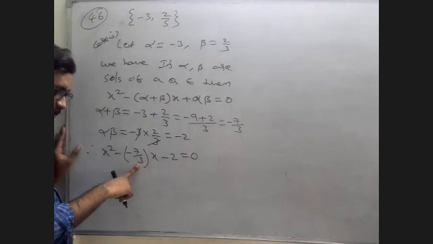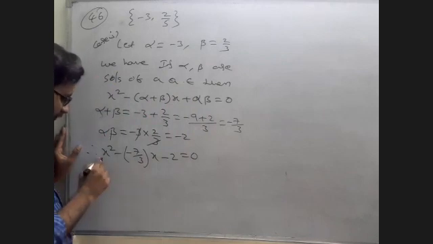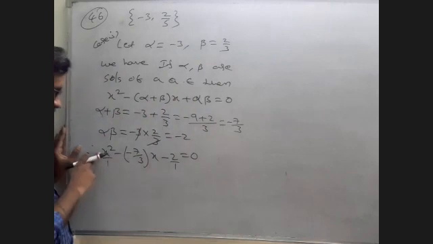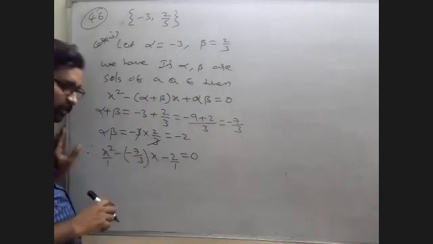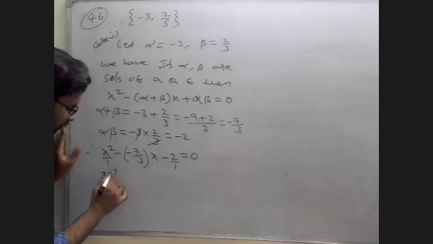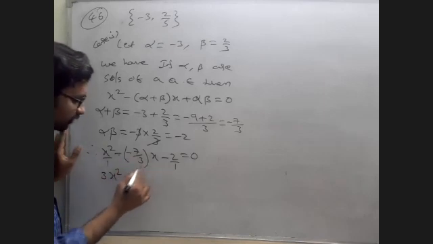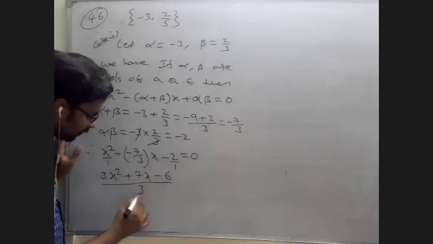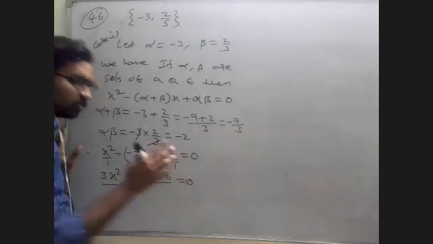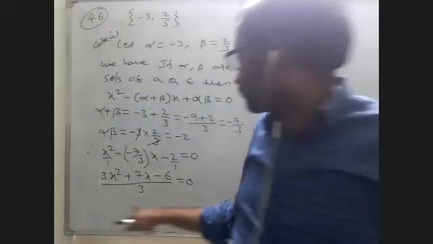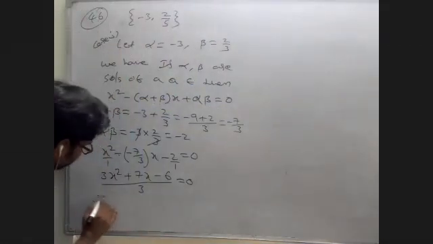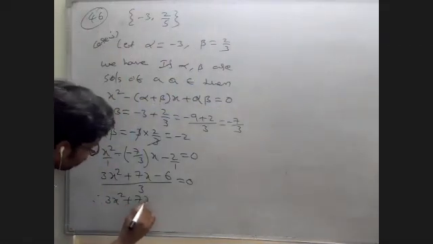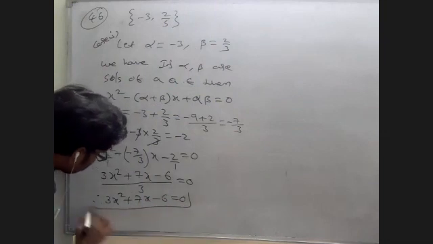Now 3 is the denominator, so we can take the LCM: 3 into x square, 3x square, minus into minus plus 7x, minus 2 times 3 is 6, by 3 equals 0. Since 3 is the denominator, taking it to the right side, 3 into 0 is again 0. Therefore you will get the quadratic equation 3x square plus 7x minus 6 equals 0.